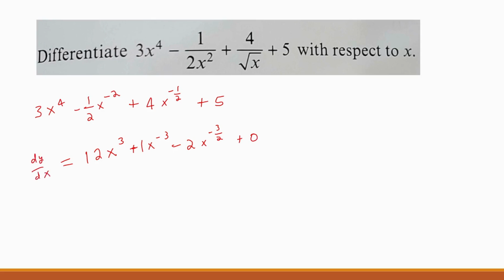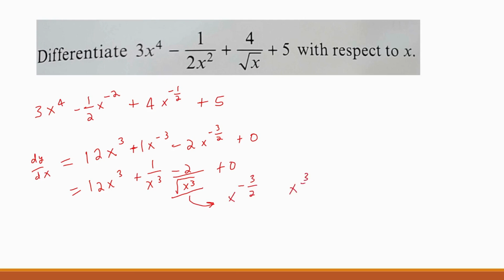Now let me just rewrite it: 12x cubed plus 1 over x cubed minus 2 over x raised to the power of 3 over 2, plus 0. If you want further explanation for this, let me explain why this happened. Because of x to the power of minus 3 over 2, you can take it down due to the minus.